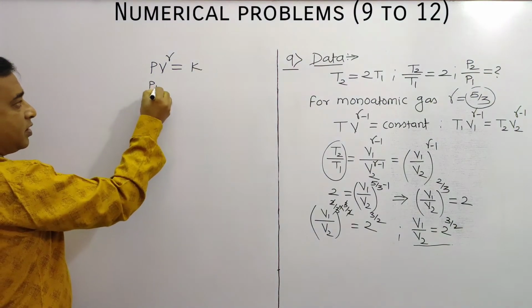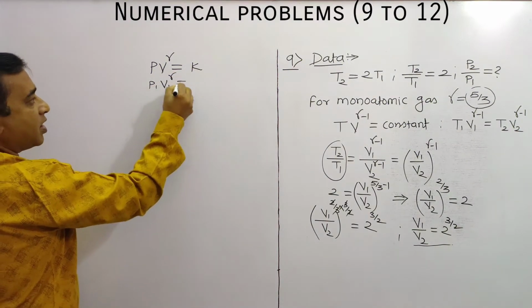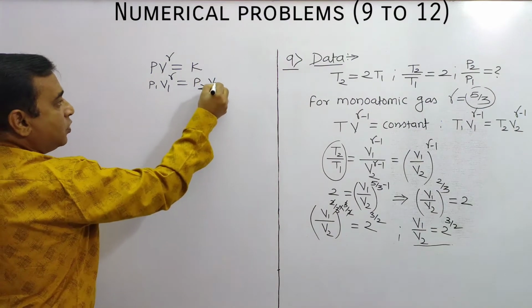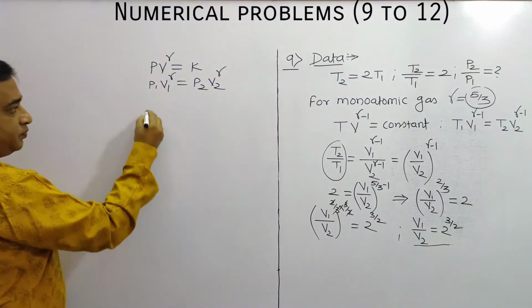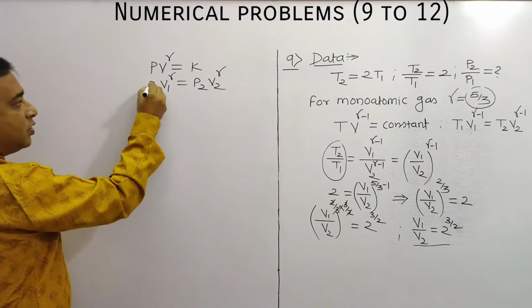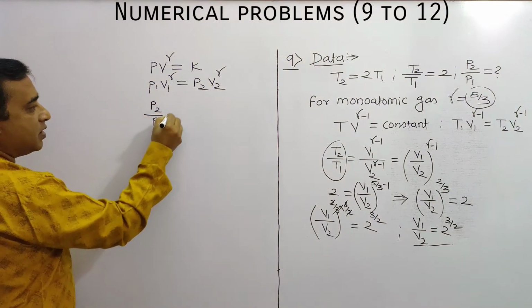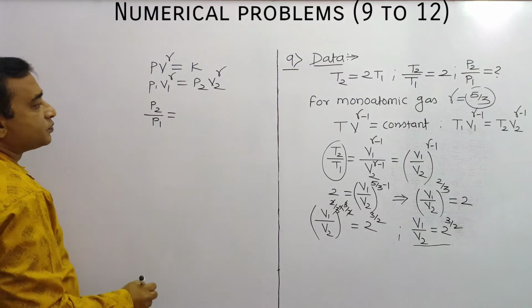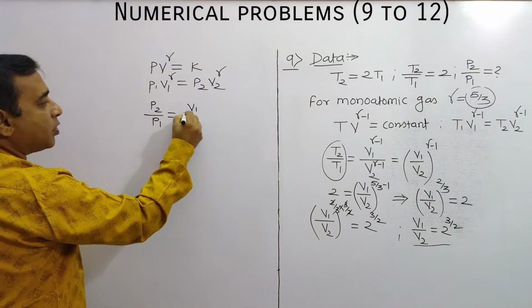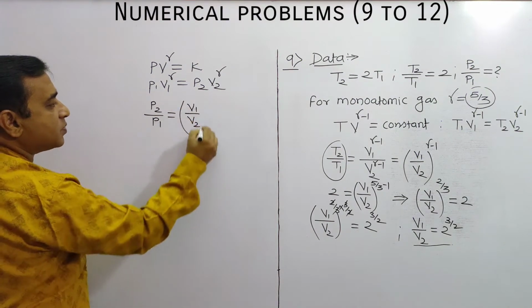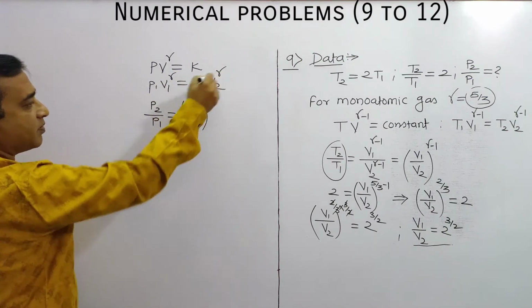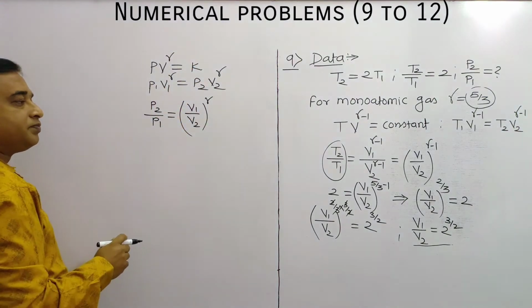So P1 V1 raised to power gamma is equal to P2 V2 raised to power gamma. Or further, I need to get the answer, that is P2 upon P1 is equal to V1 upon V2 raised to power gamma, common factor taken as a power.